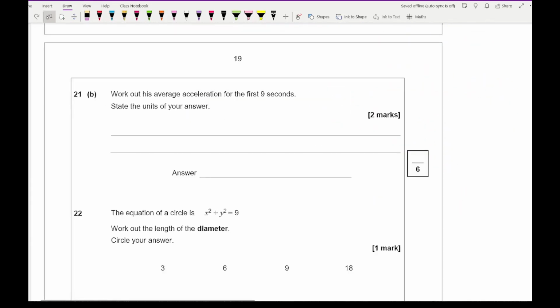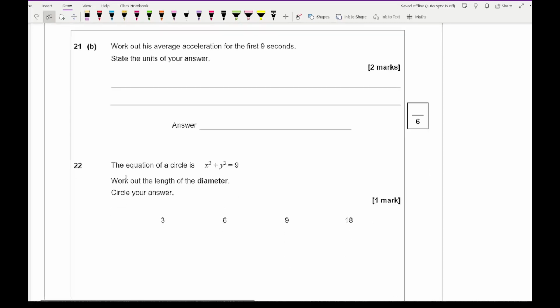Then moving on to question 21b, it says work out the average acceleration for the first 9 seconds, and state the units of your answer. Now the acceleration is basically going to be speed divided by time, which in this case is going to equal the gradient.